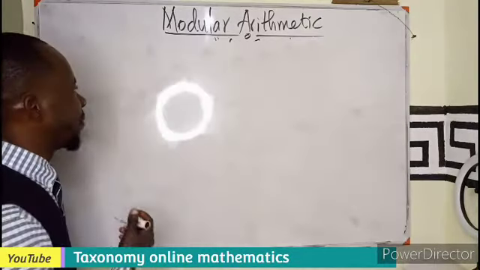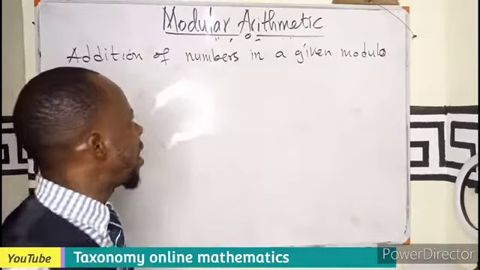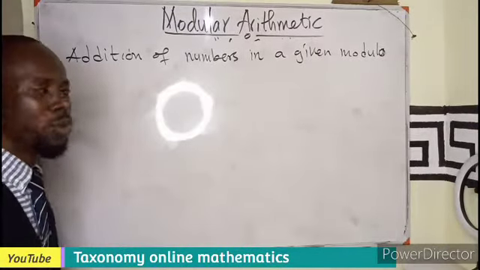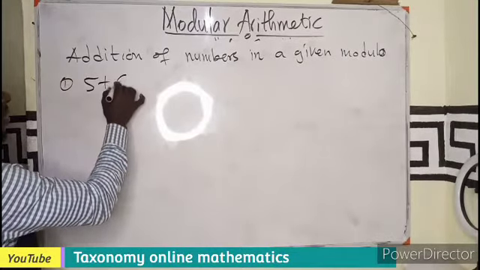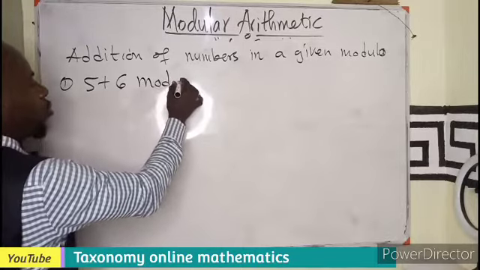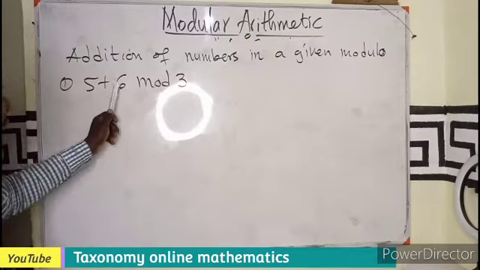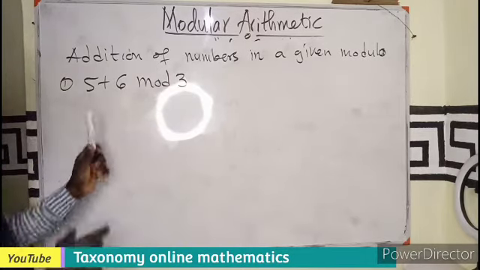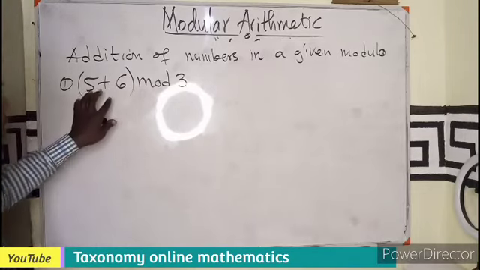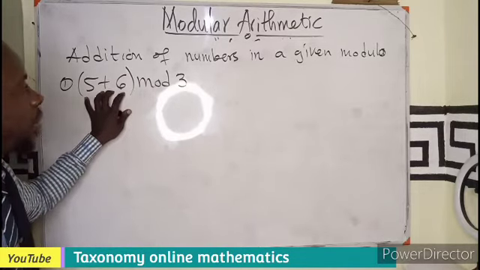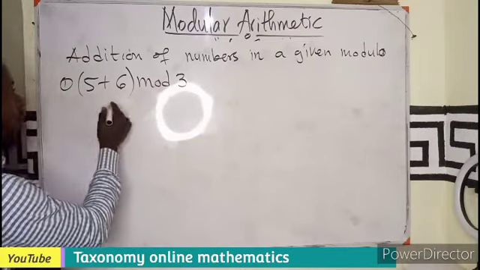So it means that if I have addition of numbers in a given modulo, for example, let's say we have (5 plus 6) mod 3. Sometimes we get confused and think that it is 6 mod 3, leaving this one. So you can put this in bracket. So it becomes, we need the answer to be operated by mod 3.